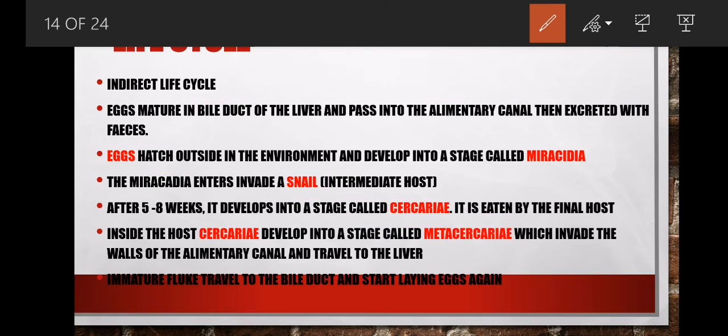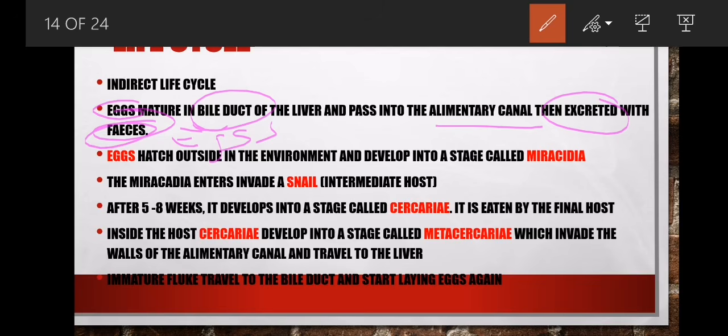We are saying the eggs are in the bile duct. What happens to the eggs? They are deposited where? To the alimentary canal. What will happen from then? The animal will excrete manure. When they excrete the manure, inside the manure there are eggs.